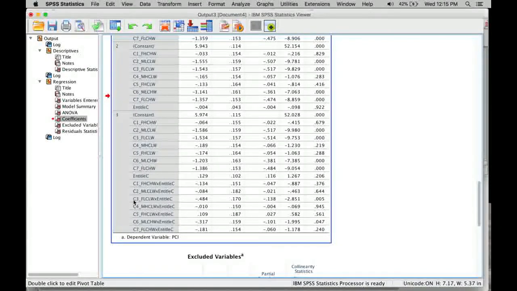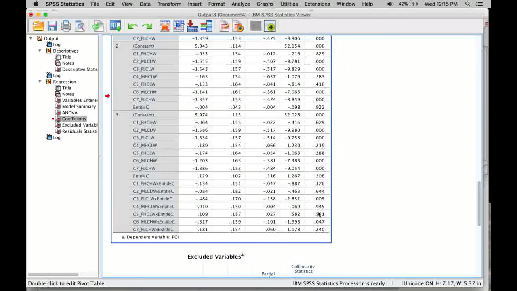So every 1 unit increase in entitlement, so if you go from 3 to 4 on the entitlement scale, the PCI score will go down by 0.484. So that's almost half a point on the PCI scale, so it's not nothing.